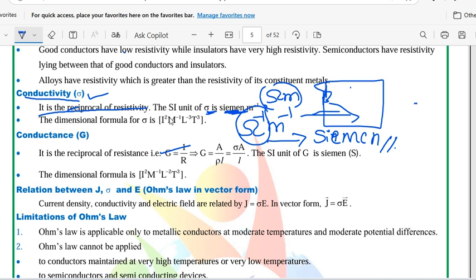The dimensional formula of sigma is I square m to the power of minus 1, L to the power of minus 3, and T to the power of 3. This is the expression for conductivity as well as the SI unit.